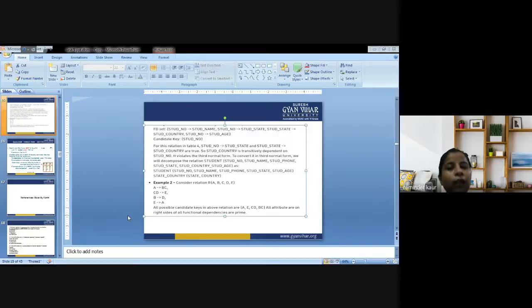So all the attributes on the right side of all the functional dependencies are prime. So this is about functional dependency that is to be there in third normal form.